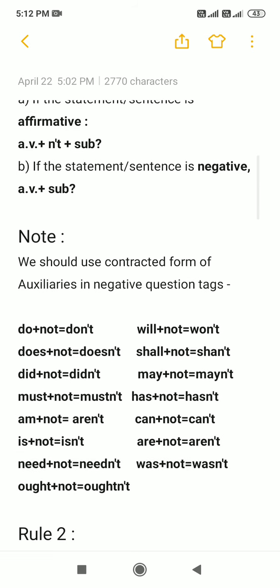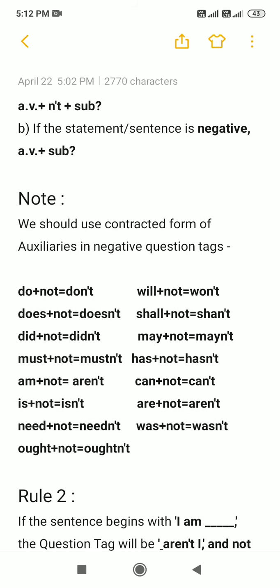Now, let's see the contracted form of different verbs. For example, we have written a list here for you. It's very important. Just have a look at them. Do not, if you write separately, becomes don't when contracted. Does not becomes doesn't. Did not becomes didn't.